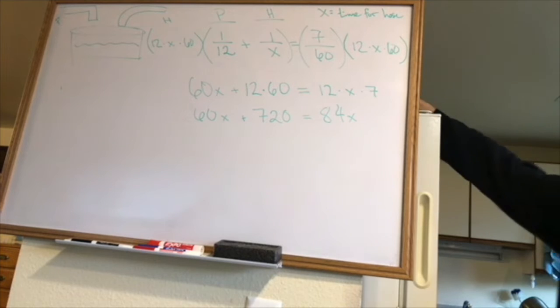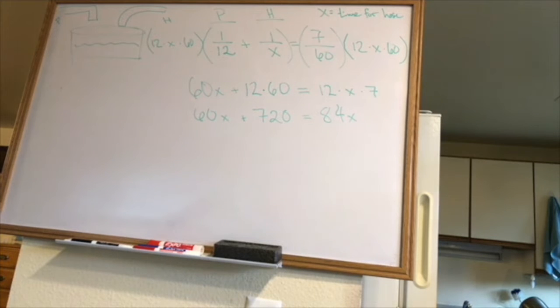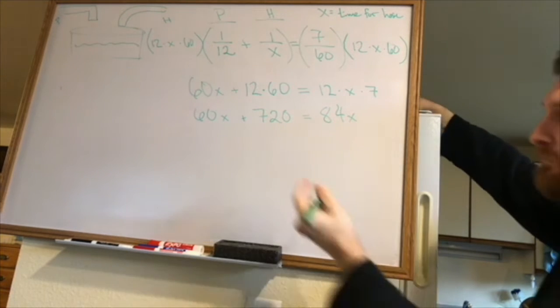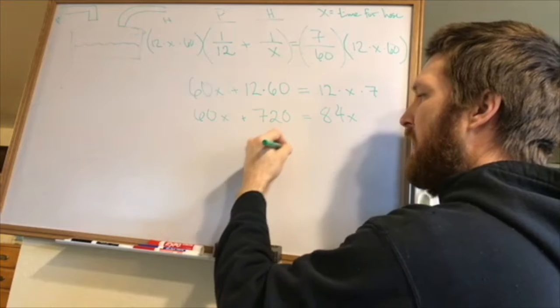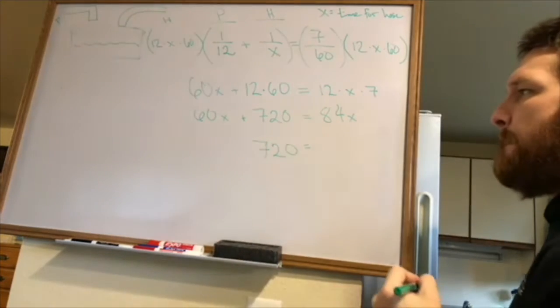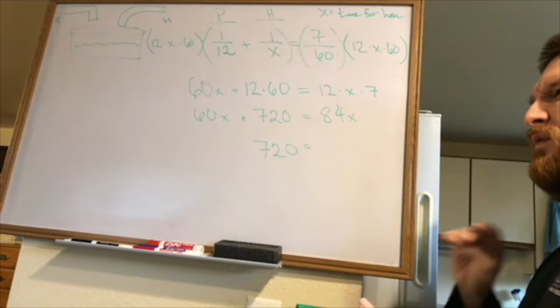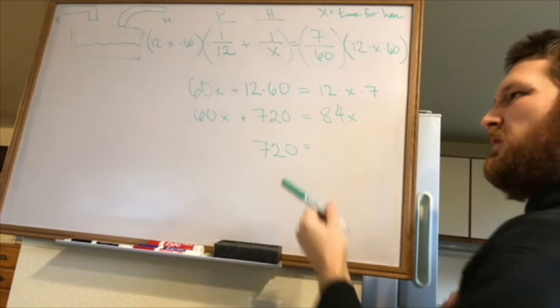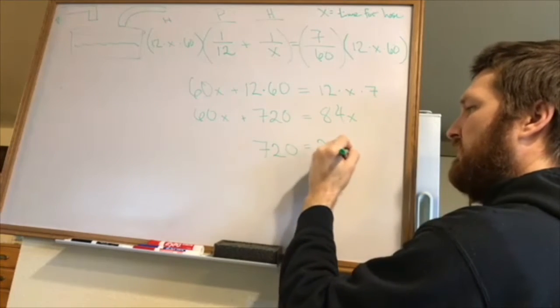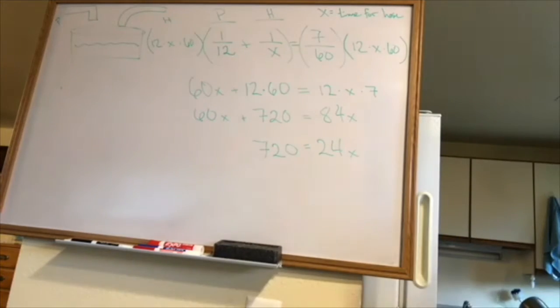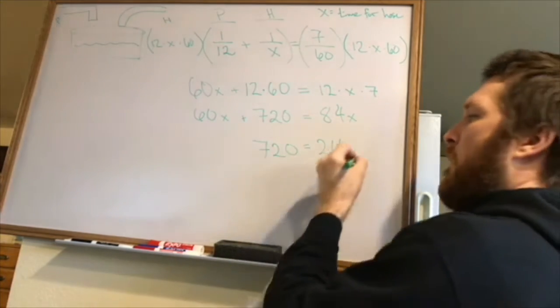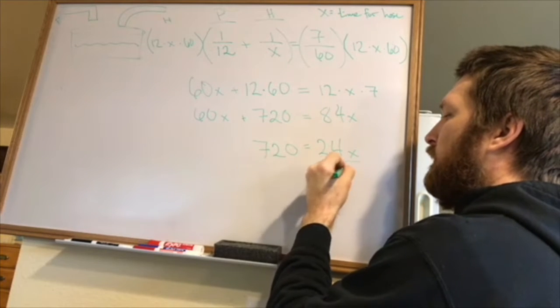So now what do you want to do? I guess subtract 60x from both sides. And that leaves me with what? 24x. There we go. And now what do we do? Divide both sides by 24.